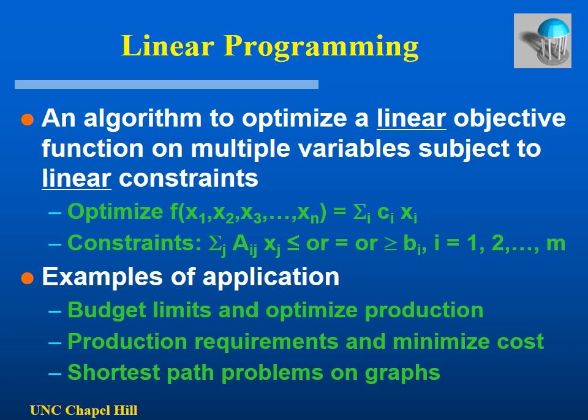And we have a total budget that we have available, and that budget is also a linearly weighted sum of the amounts of the individual items times their cost. Or we may want to minimize the cost, and we have constraints on the production, and that's similarly linear.